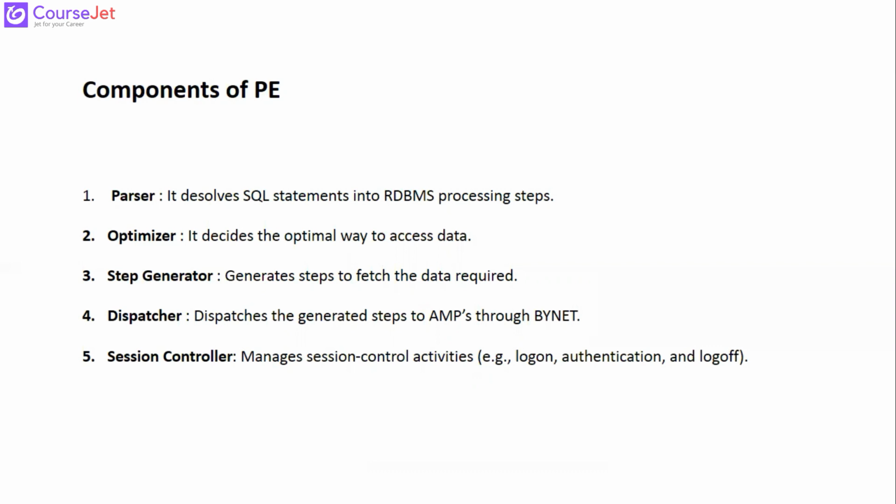That is the work of a parser. The next component is the optimizer. The optimizer will decide the best way to collect the data which the user requested. It will create a plan which is very low in cost.